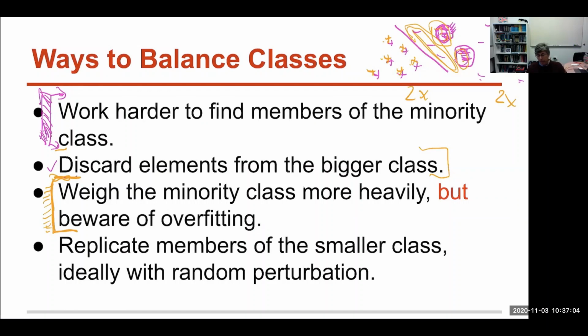That's better than actually constructing the examples explicitly, because if there were 100 times more negative examples, constructing 100 times as many positive examples is going to create a lot more work for the algorithm. So if you're determined to replicate points, weigh the current examples more seriously.